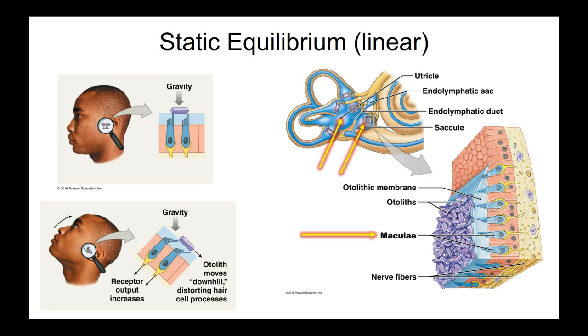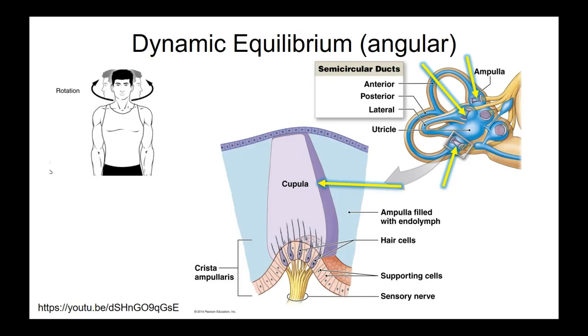So usually both the vestibule and the semicircular canal system get activated in some manner. So this is linear or static equilibrium. Dynamic equilibrium, like I said, is about rotational or spinning. So here, nodding your head is going to be part of this system.